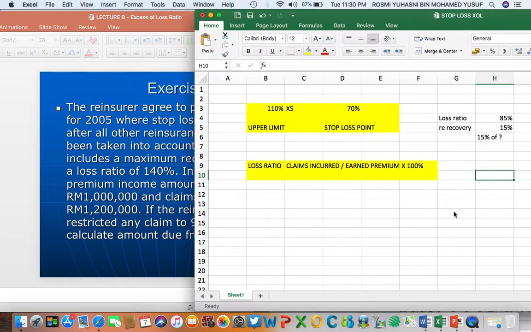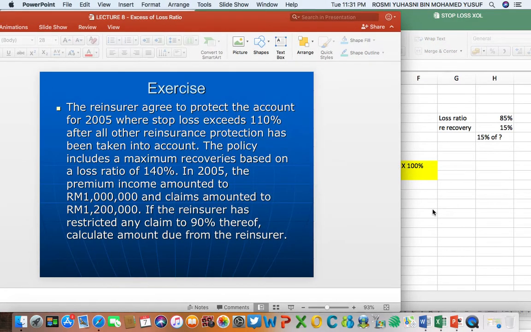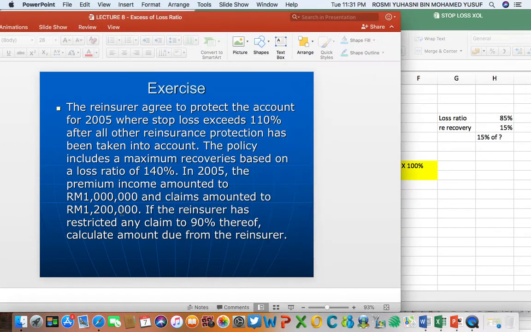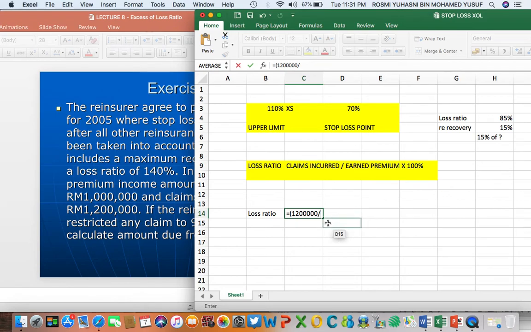The loss ratio is claims incurred, which amounted to 1.2 million, divided by the earned premium, 1 million, times 100%. So the loss ratio for that particular year is 120%.